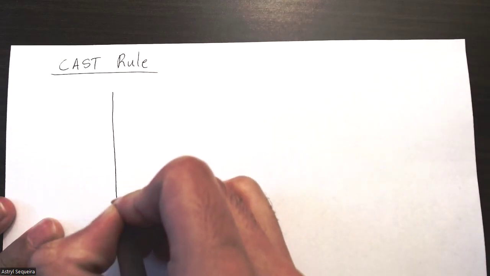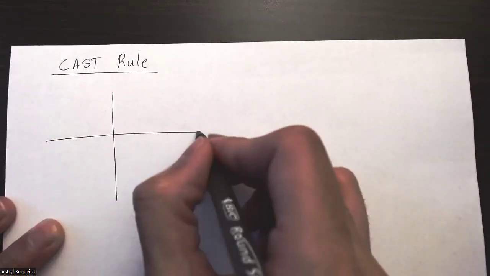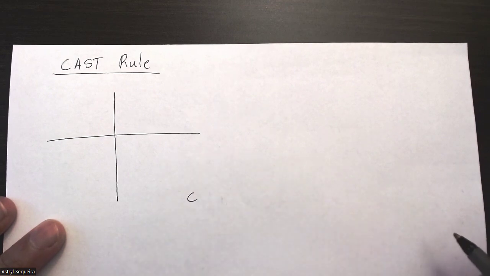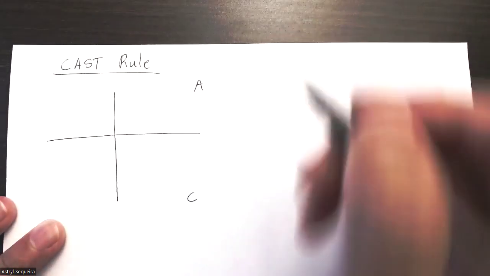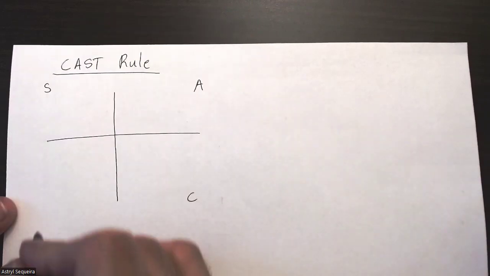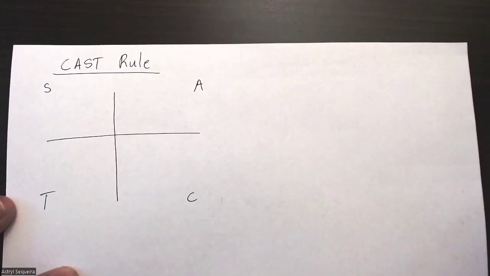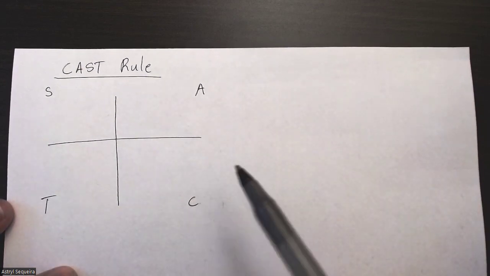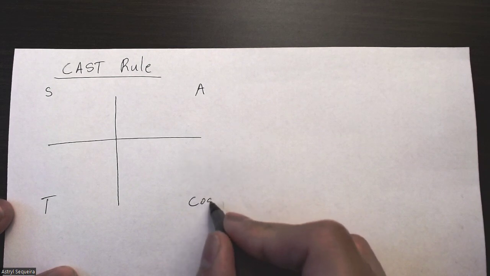The CAST rule is a set of axes. It starts with a C in the bottom right, and above it is an A, over here is S, and then we have a T over here. So what do these letters stand for? Well, C stands for cos is positive.